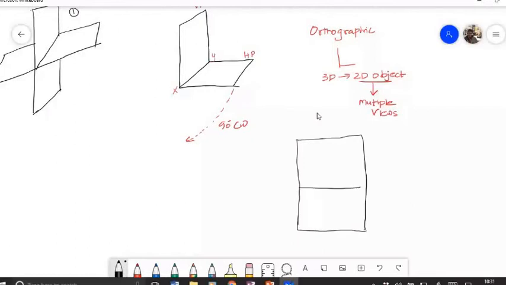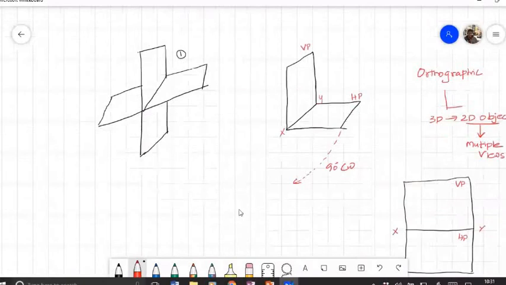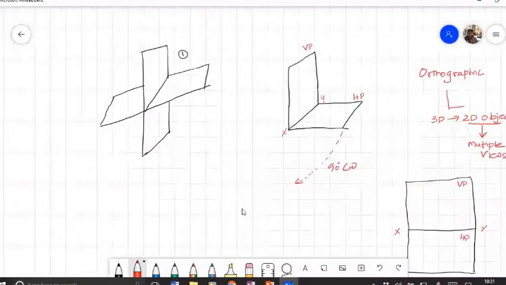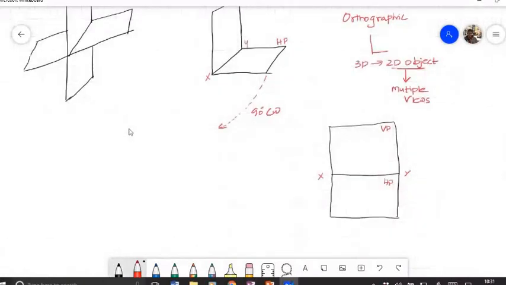So this will be my x and this will be my y, this will be my vertical plane and this will be my horizontal plane. Am I right? Yes, sir. So you are rotating the horizontal plane clockwise for the first quadrant, and similarly you need to rotate the horizontal plane for the other quadrants as well. If you rotate like this, you will get this pattern.